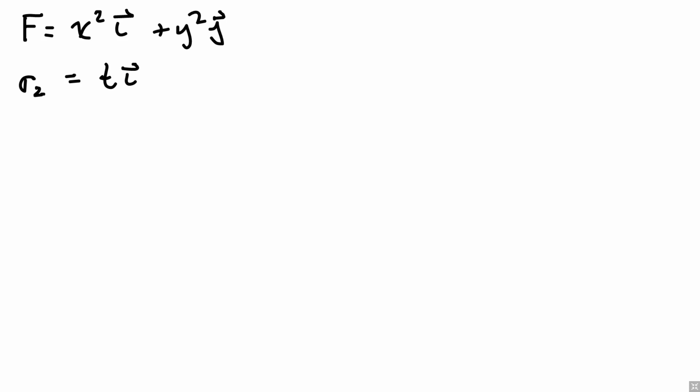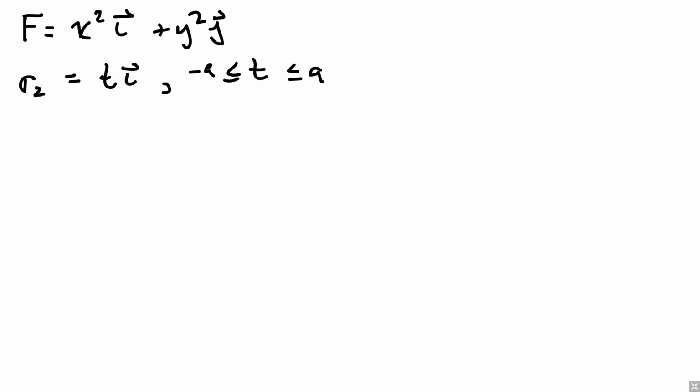Okay, so now I'm going to deal with the second one. For the second one, we know that F was defined as x squared in the i direction plus y squared in the j. R2 was defined as t in the i direction, where t was bounded between negative a and a.